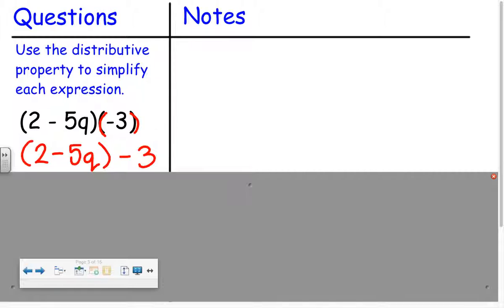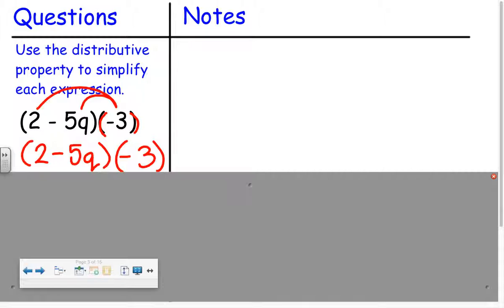I want to distribute a negative 3. So you have to put the negative 3 in parentheses, so now they match, so that you know that you're distributing or multiplying. We're not subtracting 3 from 2 minus 5q. We're multiplying negative 3 by 2 minus 5q.